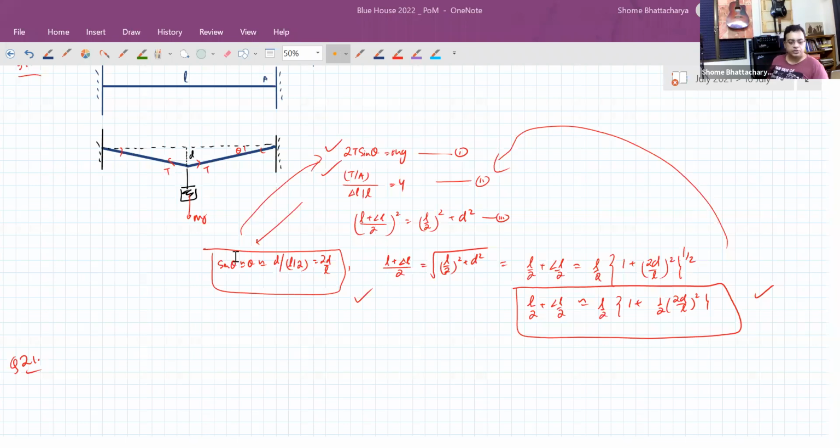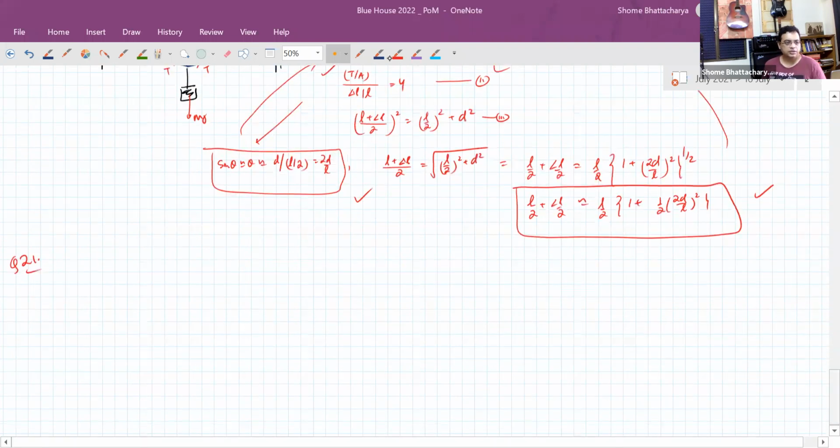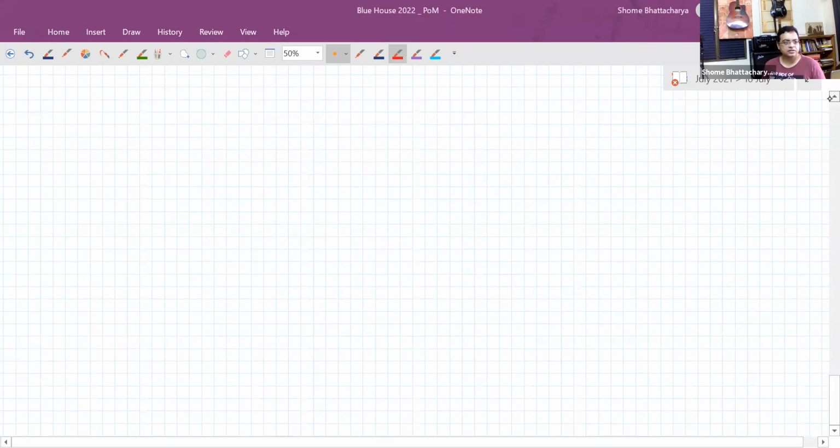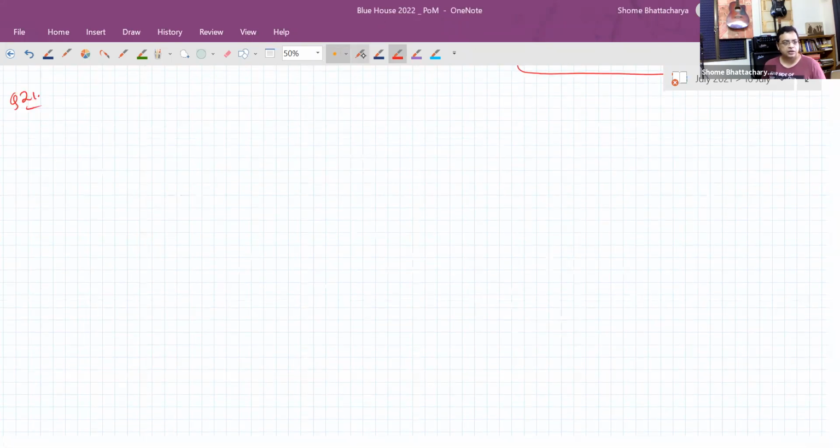Anyhow, so let's come back to question 21. Some properties of matter. It's to do with a barometer's construction, but also considering the fact that mercury has an obtuse contact angle.